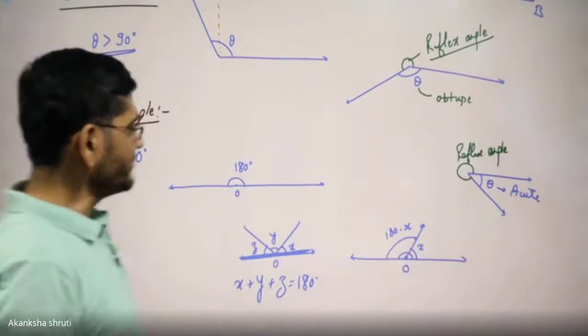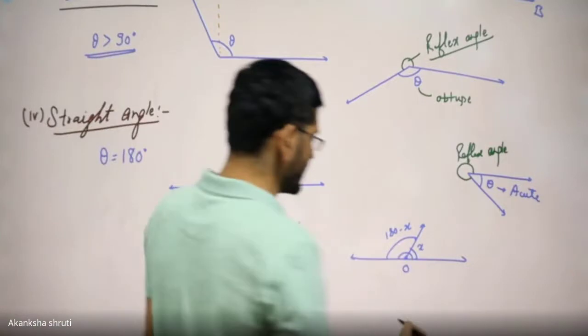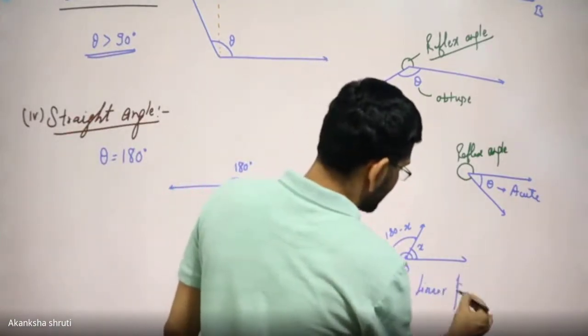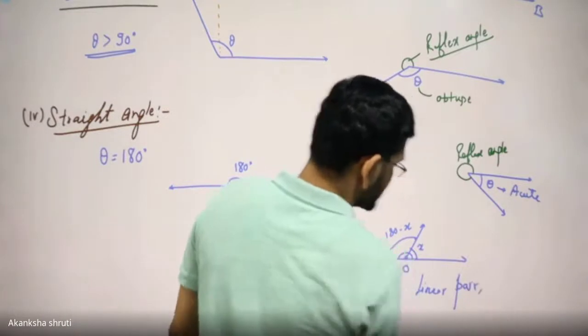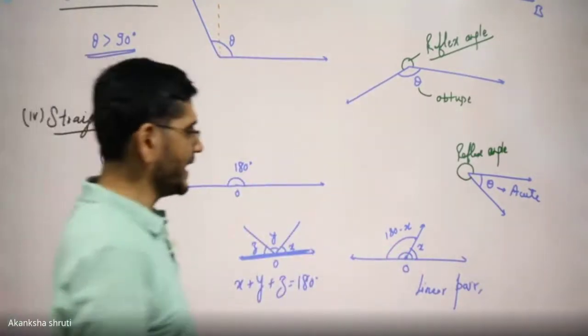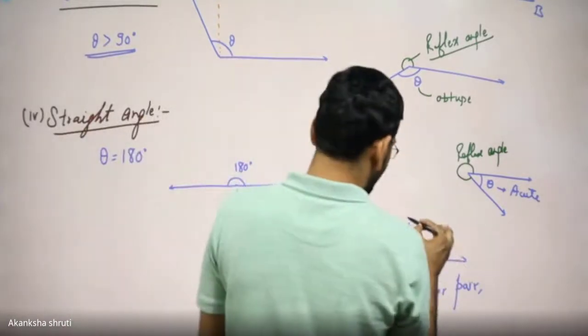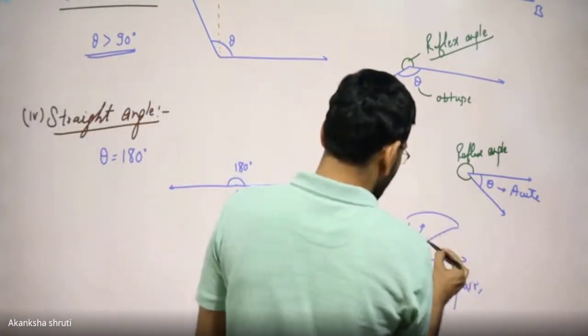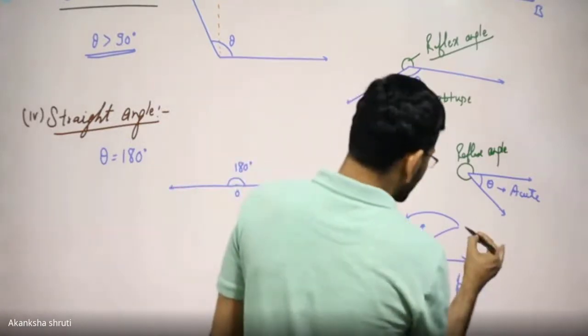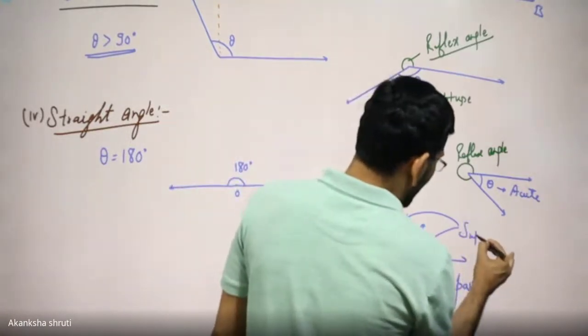Students, if we are considering these two angles only, it will be called a linear pair. Students, this is also called the supplementary angle.